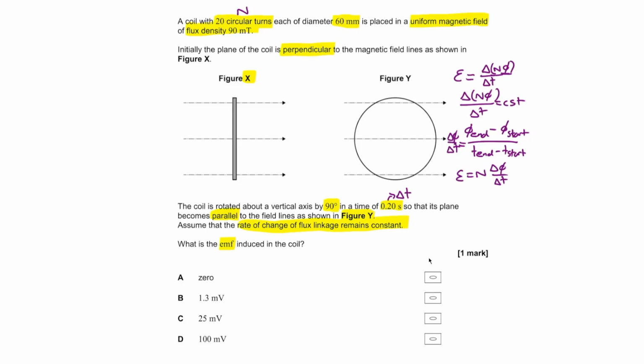To make progress, we need to consider the equation for the magnetic flux, specifically that phi is equal to the size of the magnetic flux density multiplied by the area it moves through multiplied by cosine of an angle theta. The angle theta is the angle between the normal to the area and the direction of the magnetic flux density.